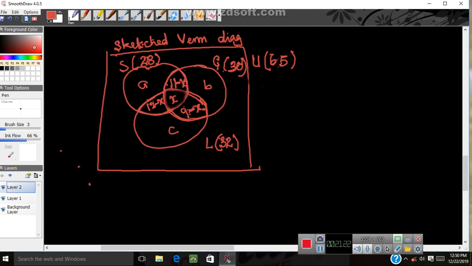Now my X is going to be equal to the universal set first. So the universal set is U minus, just remember the formula, you open a larger bracket, we have this time S plus L plus G.